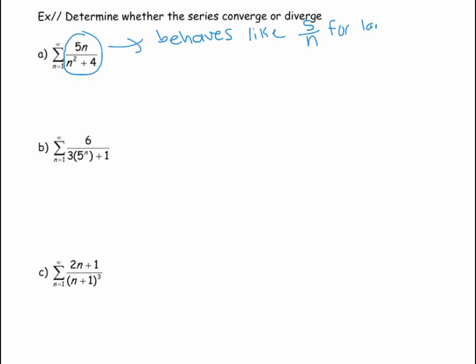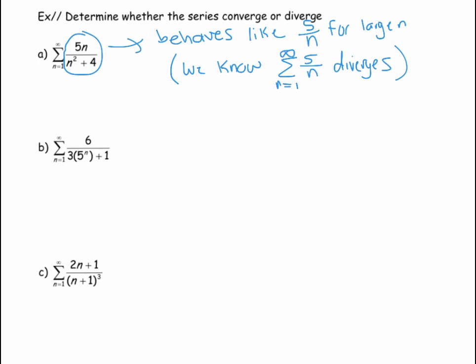For large n values, they're very, very close. So couple that with the fact that we know that series diverges. And we know it diverges because it's just a p-series where p is 1.